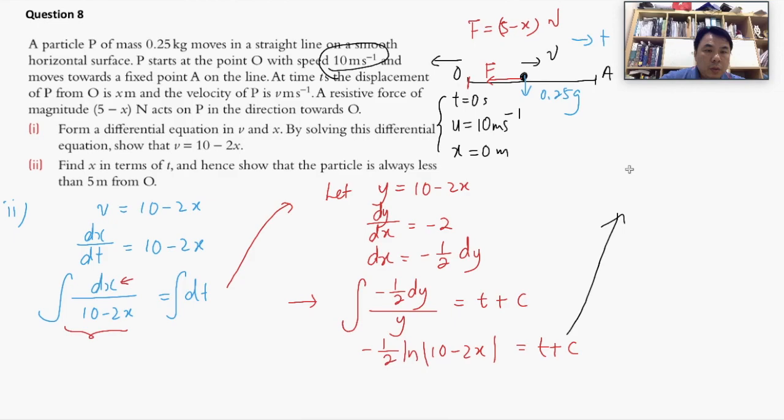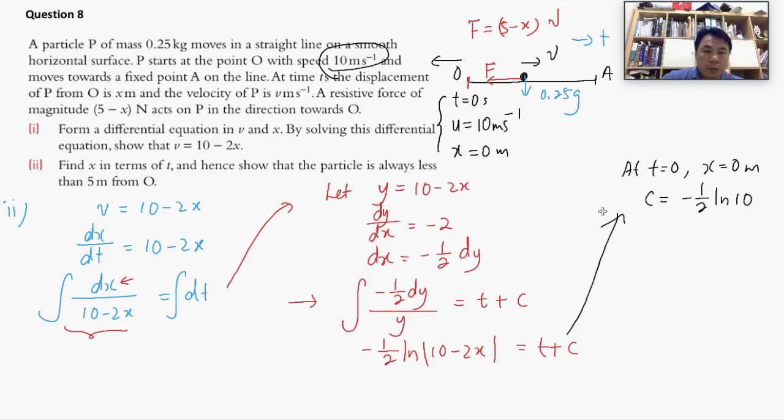So at t equals 0, x is equal to 0 meters also. Therefore, we're going to substitute all this inside here. t equals 0, that is equal to 0. Therefore, c is equal to negative half ln 10.